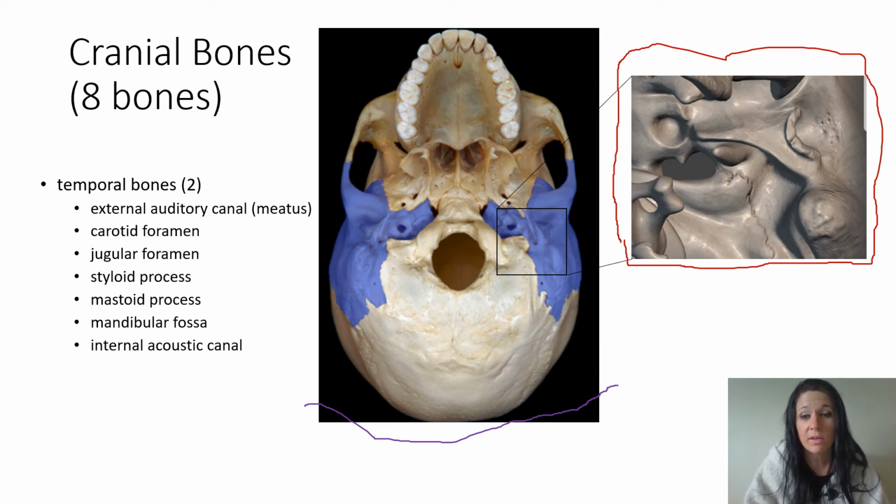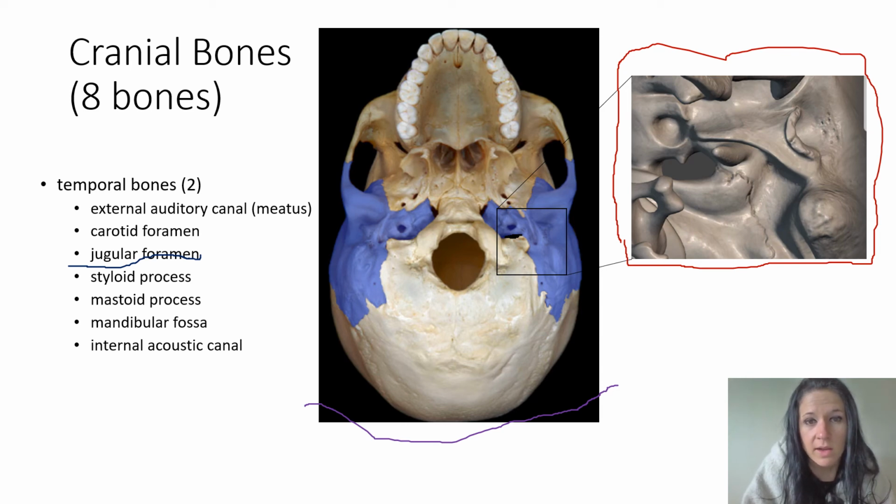So the jugular foramen, which we'll look at first, is the larger hole, and it's sort of peanut shaped. Okay, so it's hard to see on this view over here, but it's going to be right here.